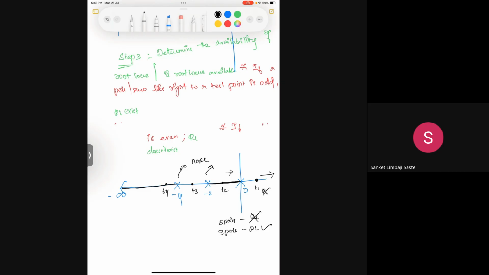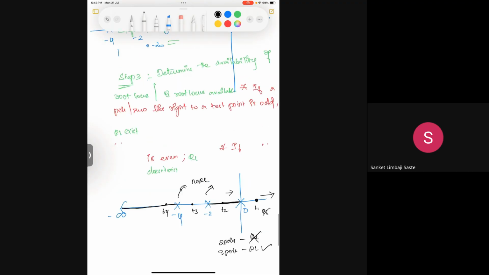So now you know, wherever I marked it in black color, that is the place root locus exists in the real axis. Important point: this tells us about the real axis only. We are not bothered about the imaginary axis right now. So just on the real axis we are testing wherever the root locus is existing.